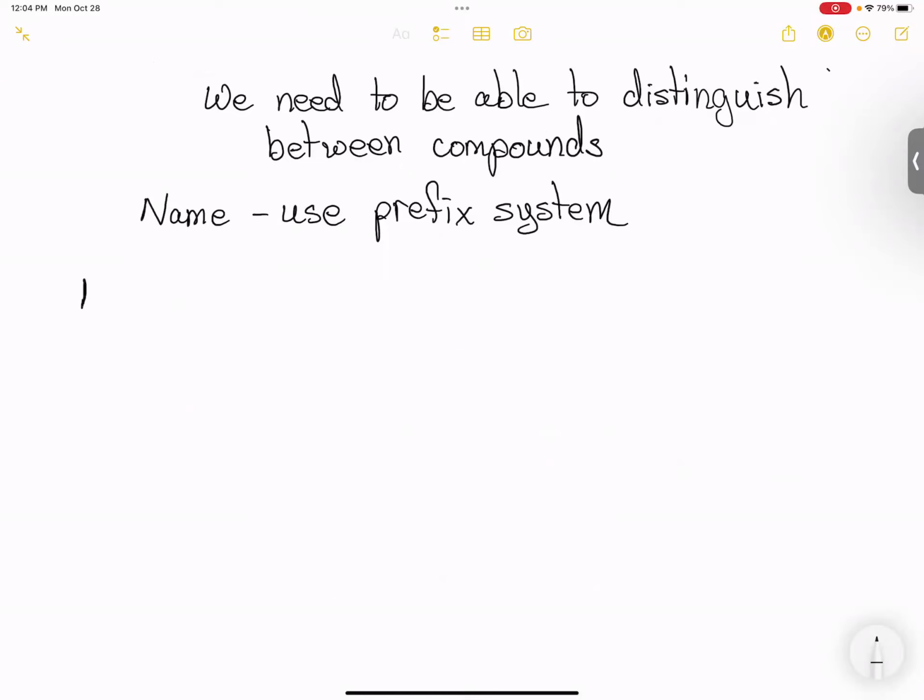If you have one of something, you use the prefix mono. Now, mono is only used on the second element.